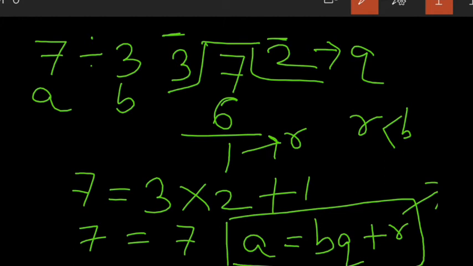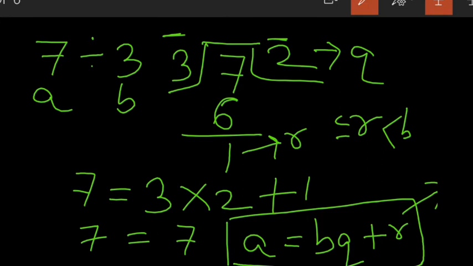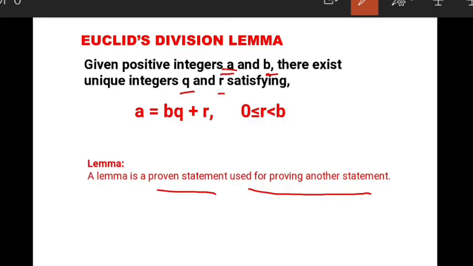It should be greater than or equal to 0, at least 0. So this is the condition for r. Hope you understood this one. So a = bq + r is Euclid's division lemma, and the condition for r is given. Hope you understood from my example.